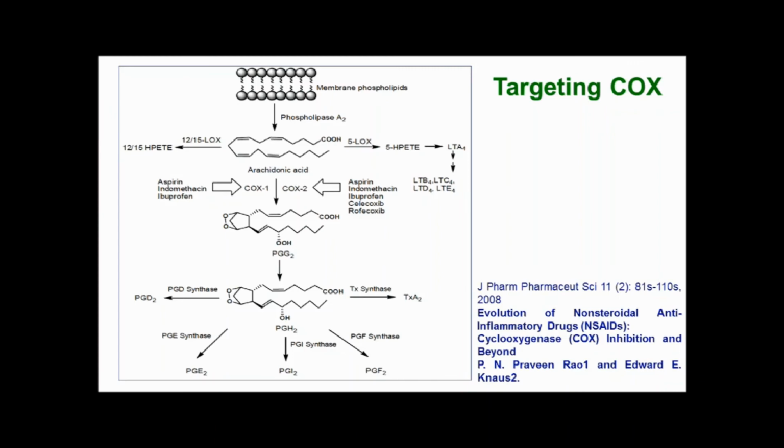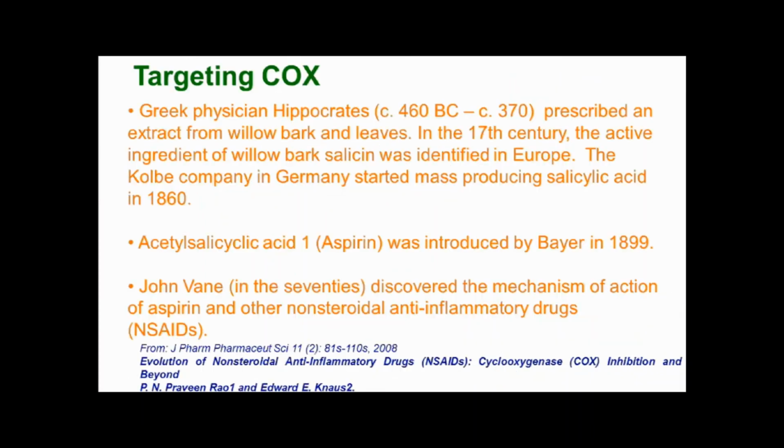So now, can you target this enzyme? And of course, as you know, targeting inflammation has existed since the times of ancient Greece and Hippocrates. Hippocrates showed that if you take extract from willow bark, you can reduce inflammation.